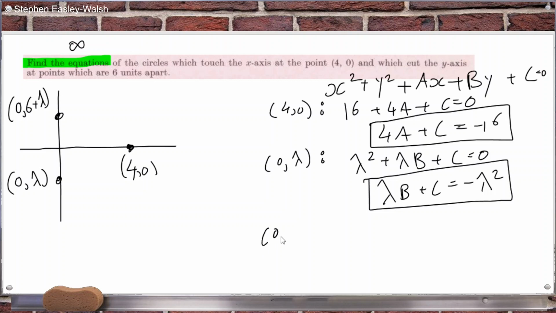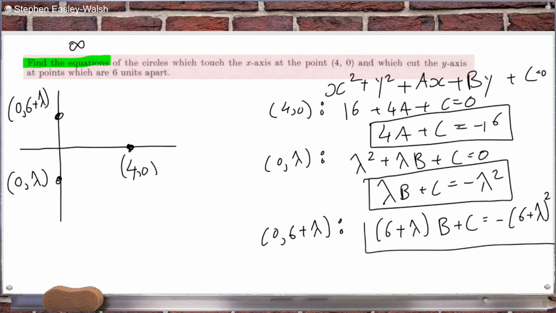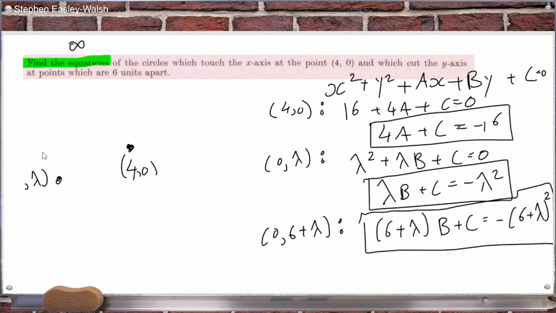And then if you sub in (0, 6 plus lambda), it's the same thing, except the lambda is replaced by 6 plus lambda: (6 plus lambda) b plus c equals minus (6 plus lambda) squared. Okay, let's try and solve these now. I can cancel the c by subtracting the first two equations.